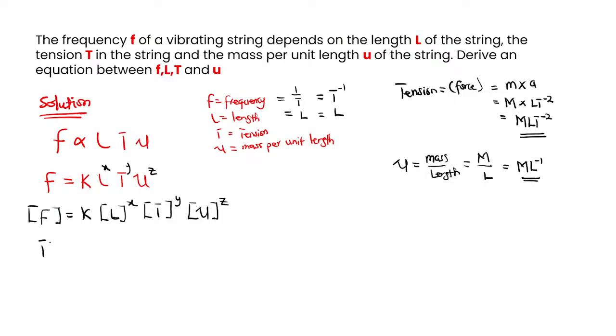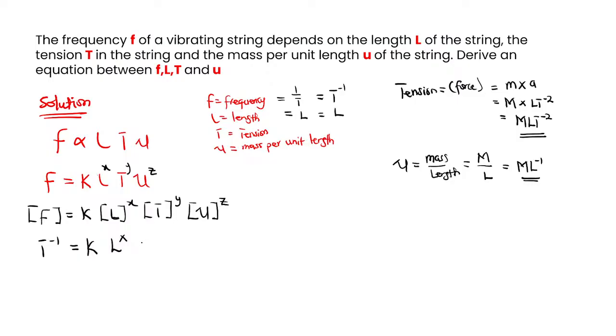So I have here T raised to the power -1 is equal to I have my constant K, and then I have here L. Now in place of L, I'm going to write capital L because it's still the same. So I have L raised to the power X.